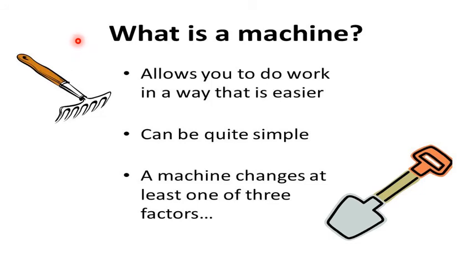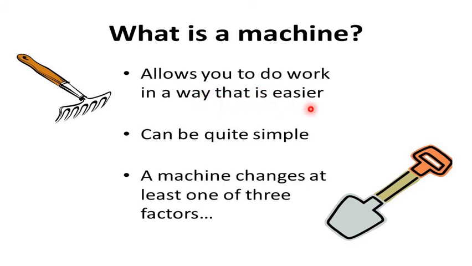Students, when we talk of machine, something comes to our mind like refrigerator, iron, generator, computer. It is not necessary that these are the only machines. There can be other types of machines as well. So if we want to define machine, do you know what a machine is? A machine is something or a device or anything that allows you to do your work in a way that is easier.